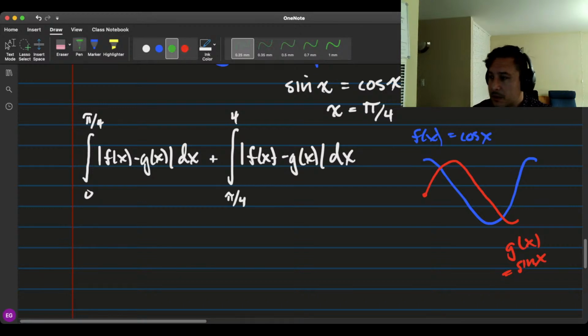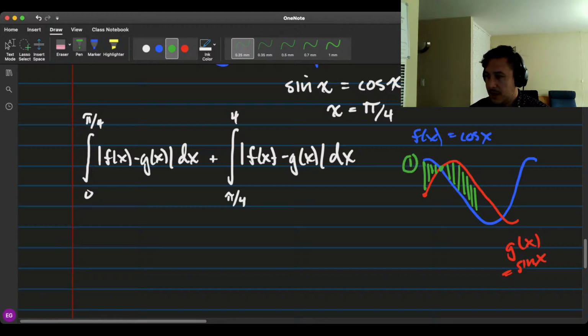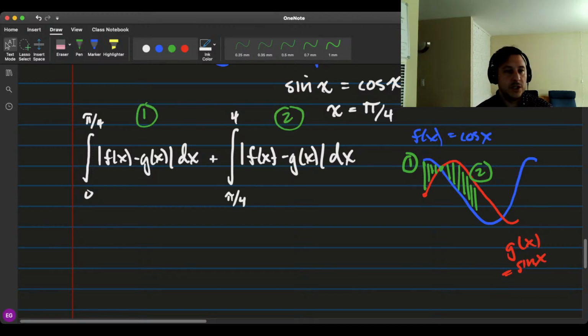And we've got our two regions, one of them from 0 to pi over 4, and the other from pi over 4 to pi. Great, so we've got region 1, and we've got region 2. This one deals with region 1, that one deals with region 2.